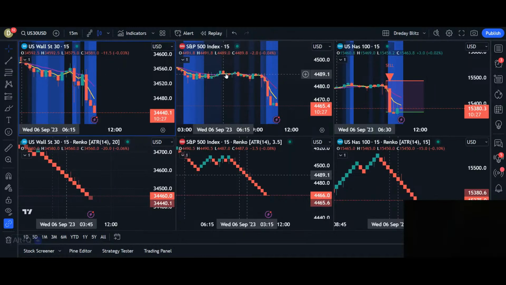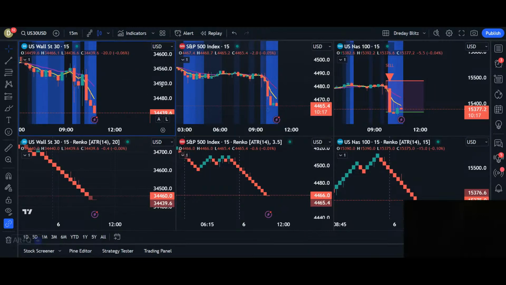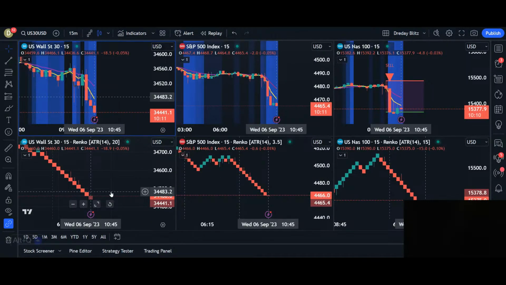But like I said, in about 6 minutes, I would be out of the market, or I would close some partial profit and just let the rest run until the next reversal of the Renko bars.